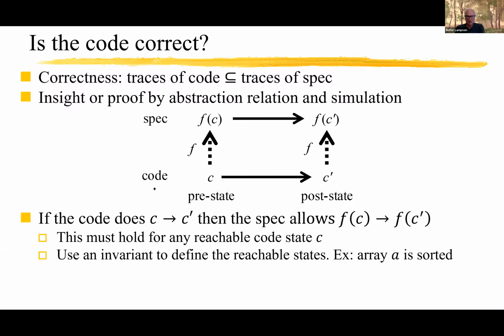Now, for this to make any sense, the spec and the code have to have the same external interface. That is, the external state has to be the same, or the externally visible operations have to be the same. Sometimes this identity is achieved by doing some kind of transformation, but we won't go into the details.